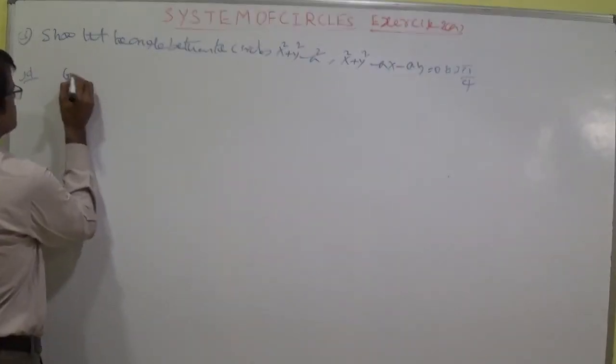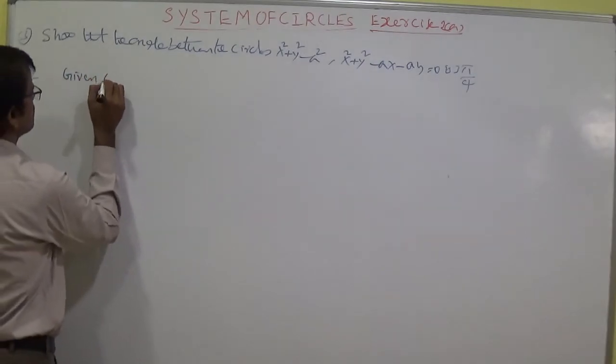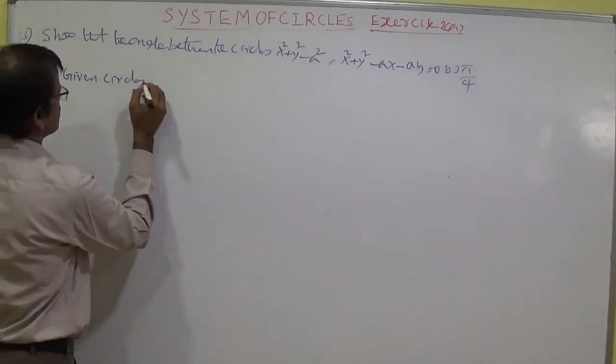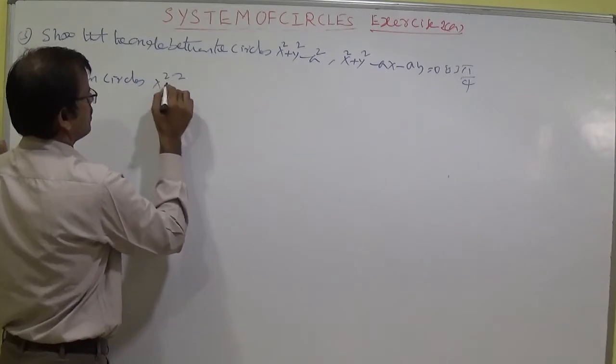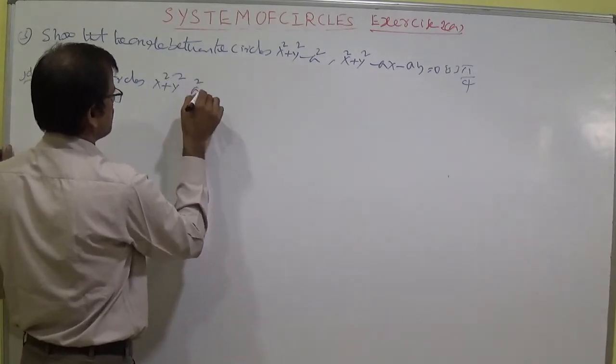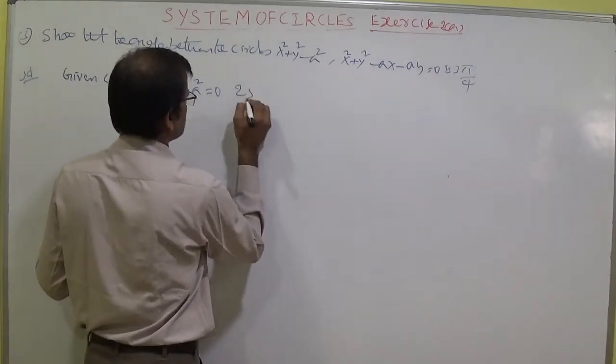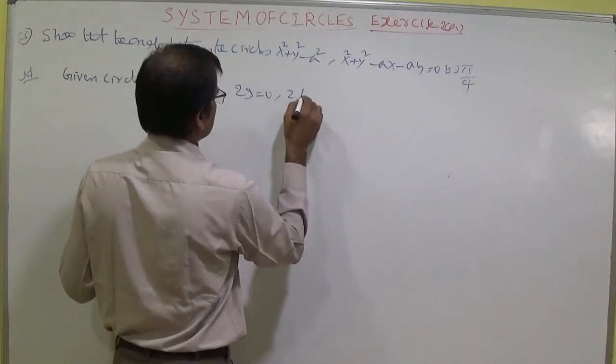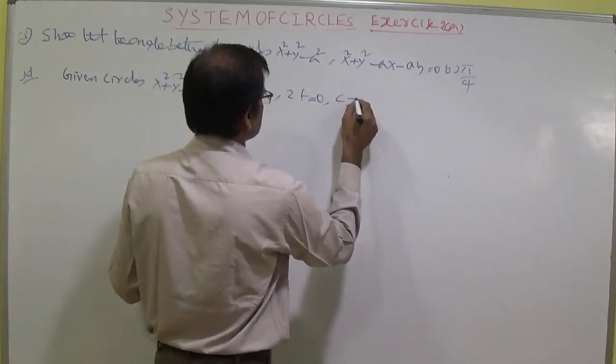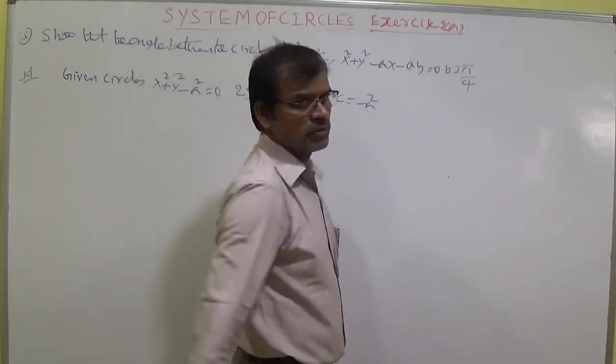Given circles. X square plus y square minus a square equal to 0. Here 2g is equal to 0, 2f equal to 0, c is equal to minus a square.